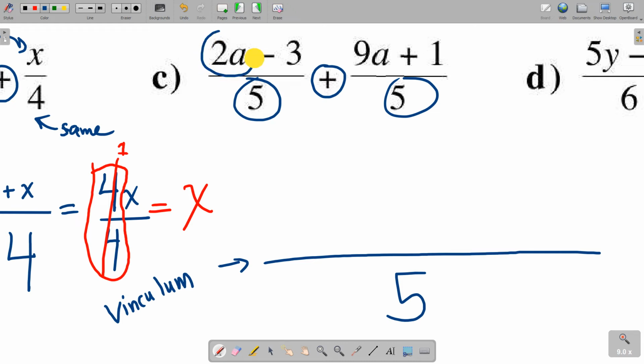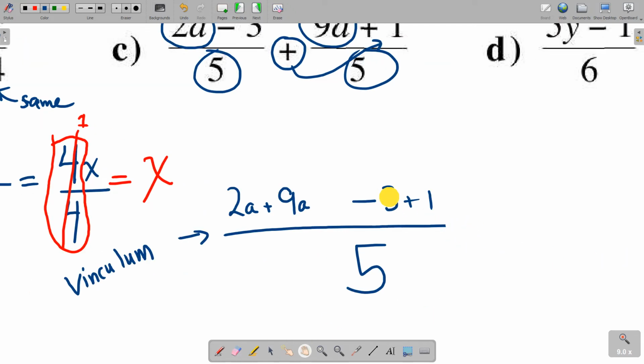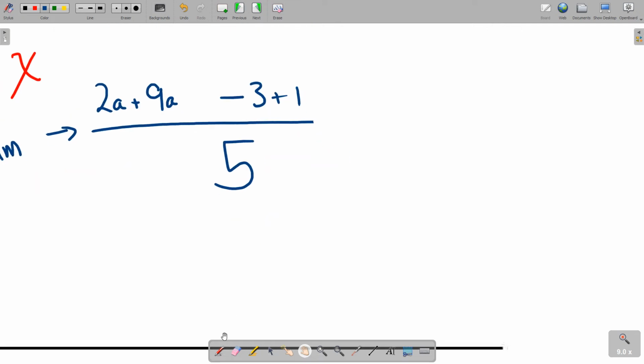I'm going to use the like terms first. 2a plus 9a, minus 3 plus 1. That means there's more work to be done, because I can see I haven't completely simplified things. Okay, let's circle the groups.